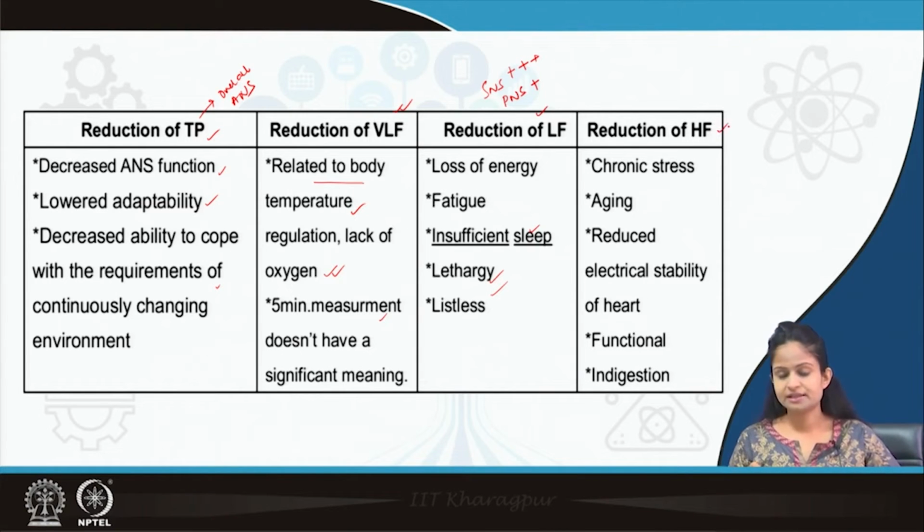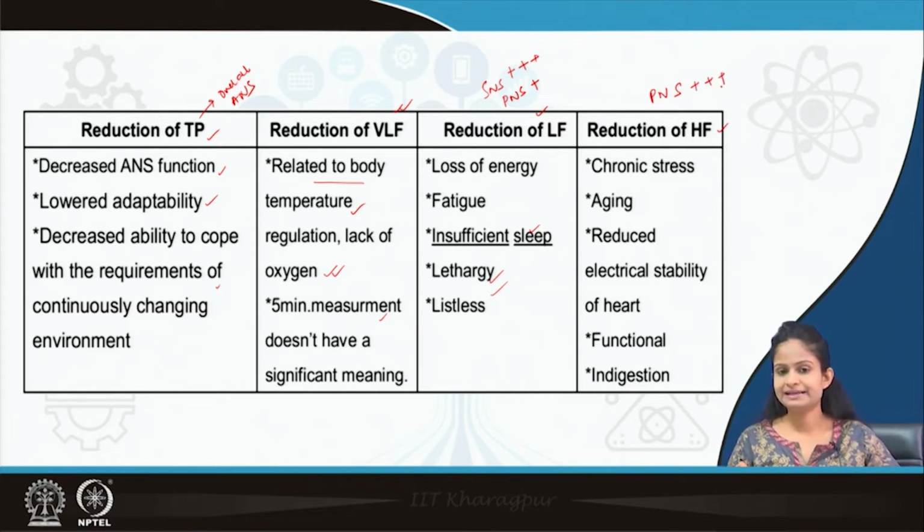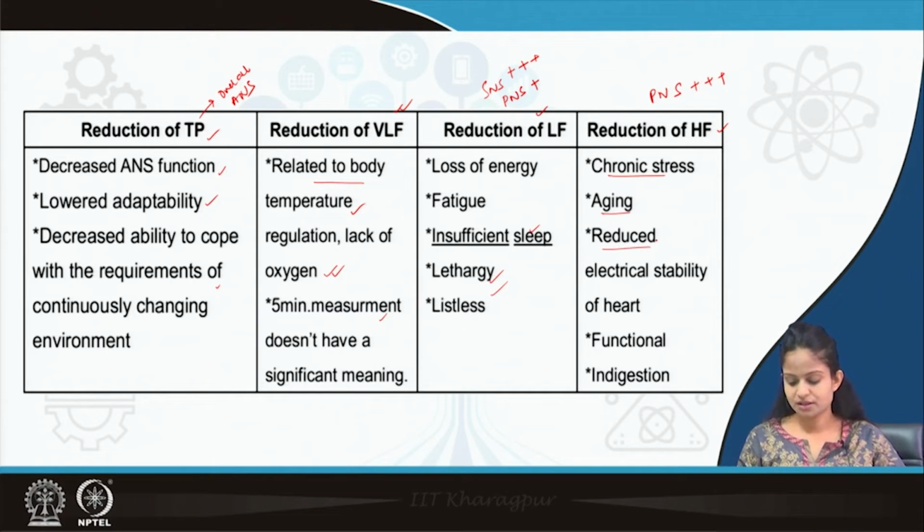Then there is reduction in the HF. HF is mainly high frequency, where parasympathetic activity is mainly dominant, it is vagally regulated. So this is reduced whenever there is chronic stress, aging, reduced electrical stability of the heart, it can be organic, functional, or there can be gastrointestinal disturbances in digestion.